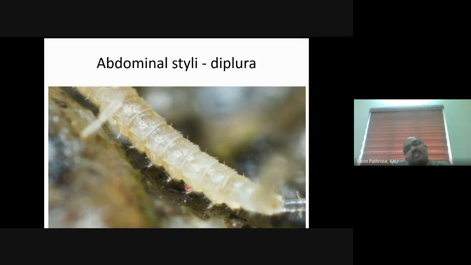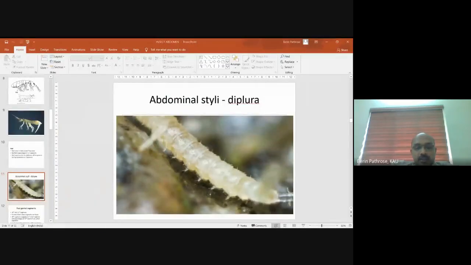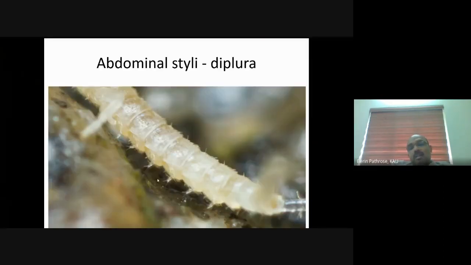If you see this, sometimes you can think of it as a centipede or a millipede. Just like a centipede or millipede having an appendage in each segment, similarly each segment here has a very small appendage. These are called styliform appendages or styli. This is mainly seen in Diplura and also in Thysanura.